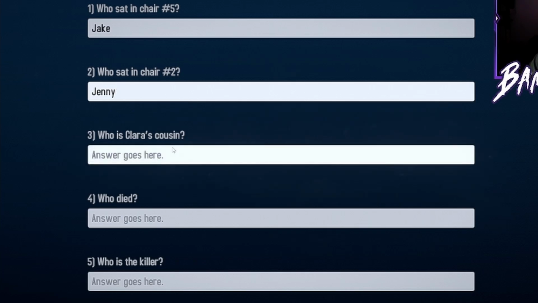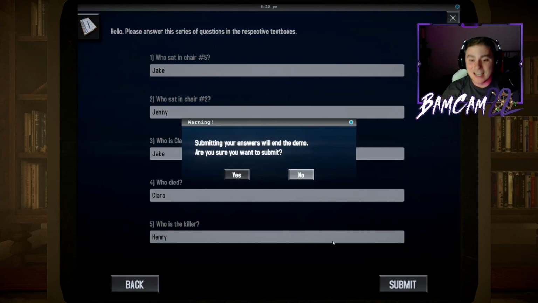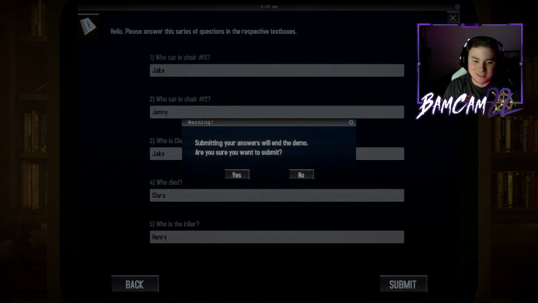Who was Clara's cousin? Jake. Who died? Has to be Clara because of the red lipstick. Jenny's lipstick doesn't smear according to her bag. Who was the killer? Henry, her own husband. Let's see if we crack the case, ladies and gentlemen.